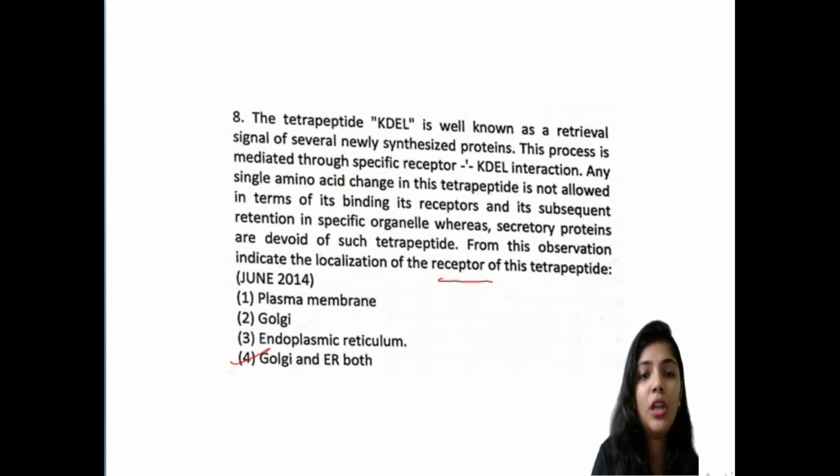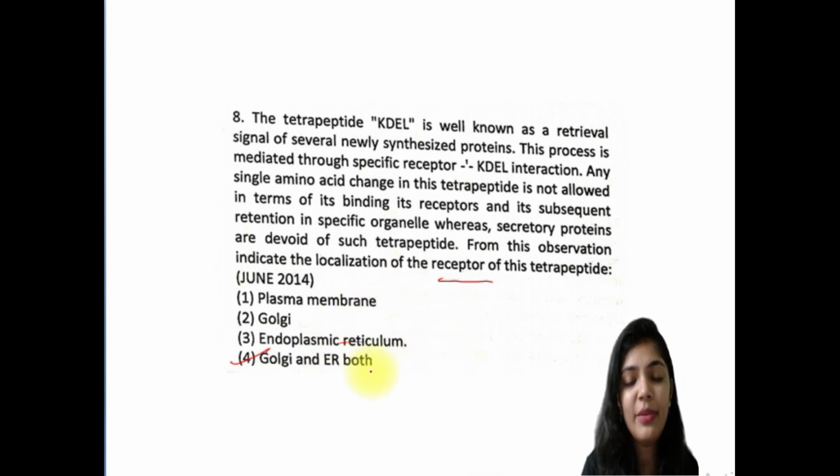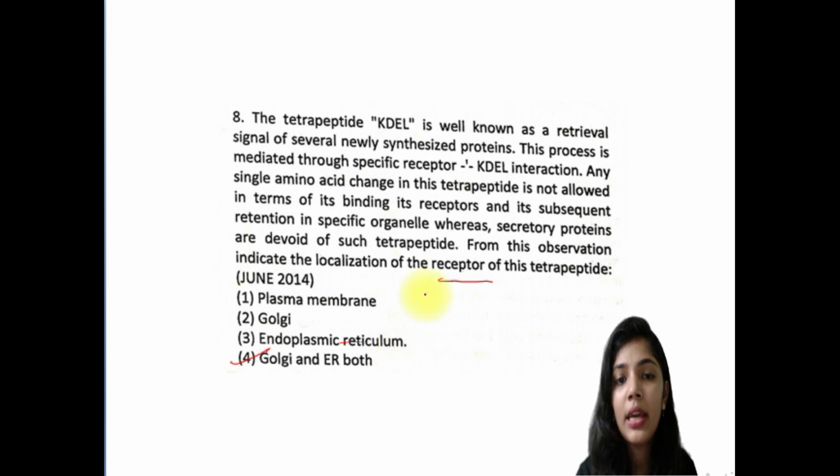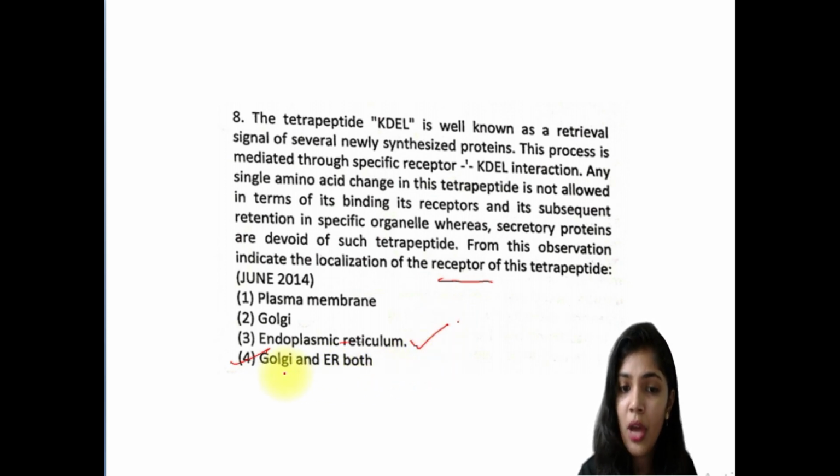Sometimes we pick the answer that is endoplasmic reticulum alone, because KDEL is a sequence of proteins of the endoplasmic reticulum. But sometimes it is not received by the receptor in the ER, so the Golgi apparatus also has the receptor. So, our answer will be Golgi as well as ER.